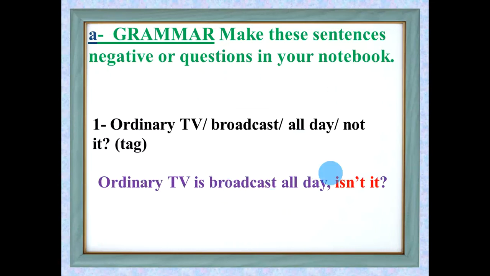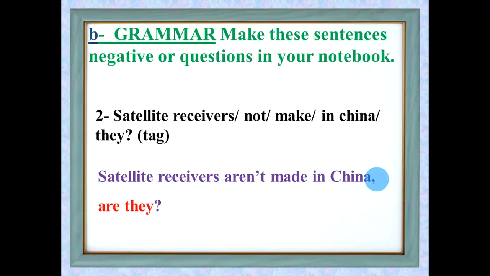Okay, here we have the auxiliary verb is in an affirmative sentence, so we transform it into a negative question, is becomes isn't, followed by the subject it. Okay, another example.